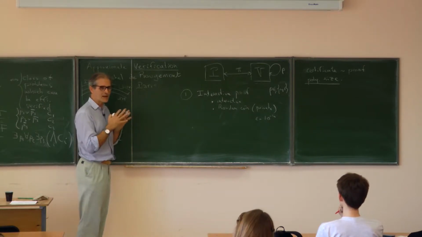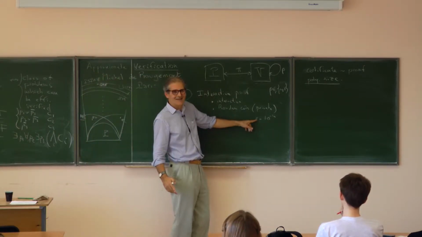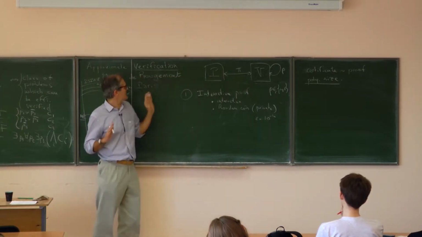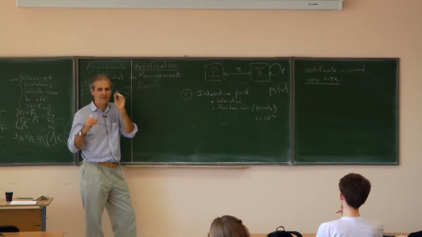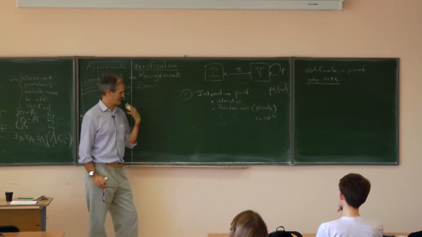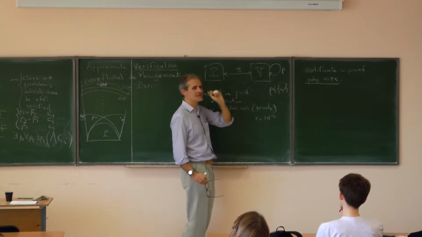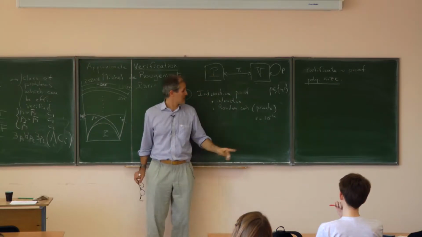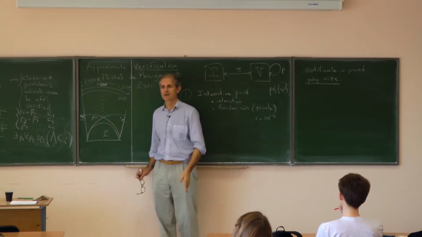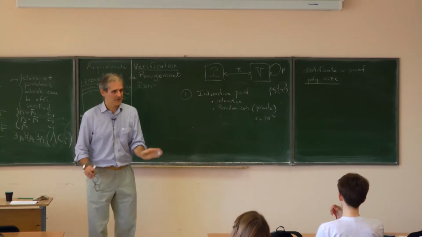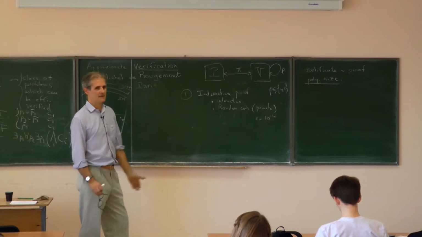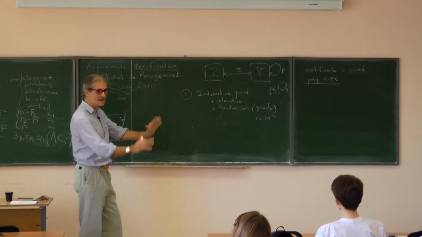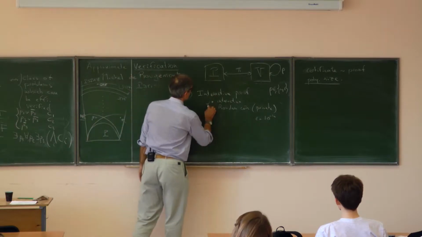In other words, for all practitioners, this means truth. And pretty much everything we do is the same. Every time we do random verifications, high probability means the error is anything you want. You want 10 to the minus 20, you can get 10 to the minus 20, it doesn't change anything. You want 10 to the minus 100, you get it. Nothing changes. So this is, of course, the mystery of this approach.